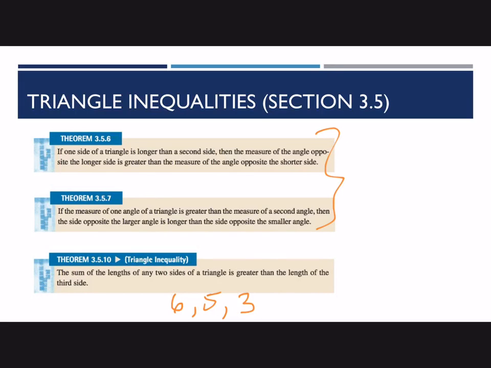Okay, so in other words, 6 plus 5 must be greater than 3, 5 plus 3 must be greater than 6, and 3 plus 6 must be greater than 5.